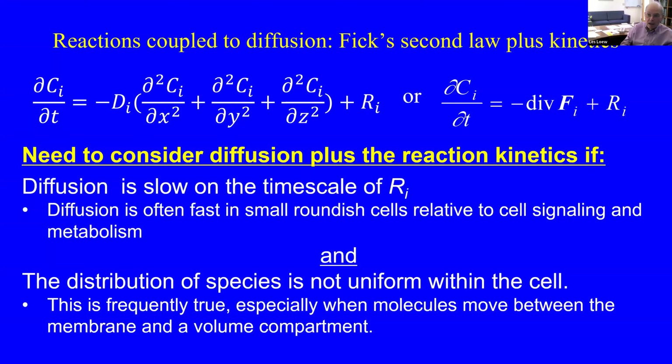But very often in cells, reactions originate at membranes. And so if you have membrane fluxes, or if you have receptor signaling, then the molecules are not uniformly distributed, because the membrane serves as a heterogeneous region for reactions to take place.